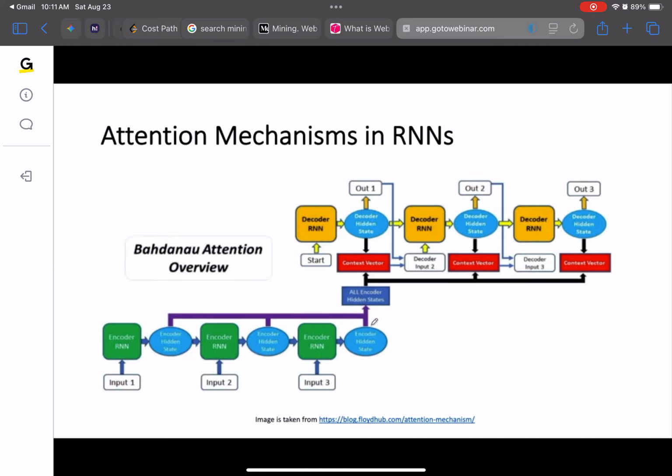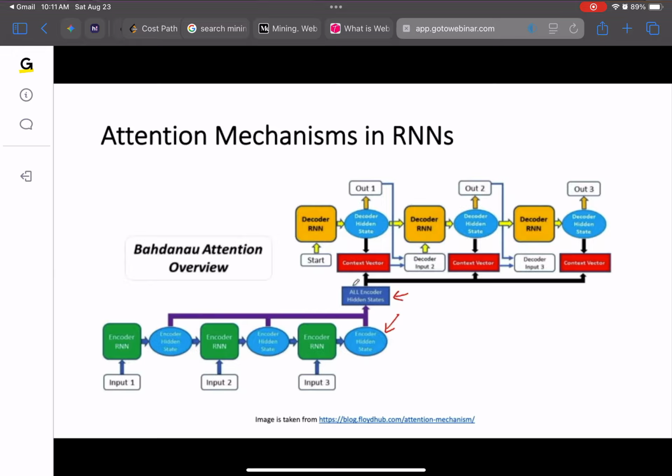Now, unlike the sequence to sequence model where only the last encoder hidden state is passed on to the decoder, we collect all the encoder hidden states for each of our inputs. We collect them here, and we pass them to the decoder.